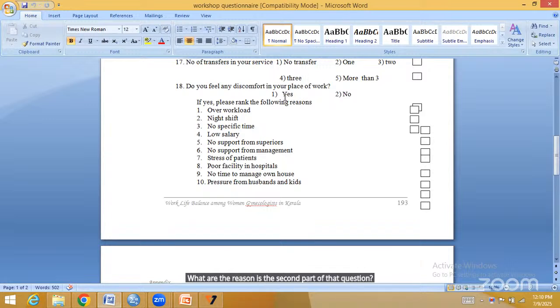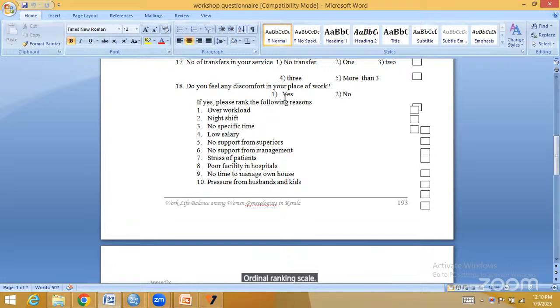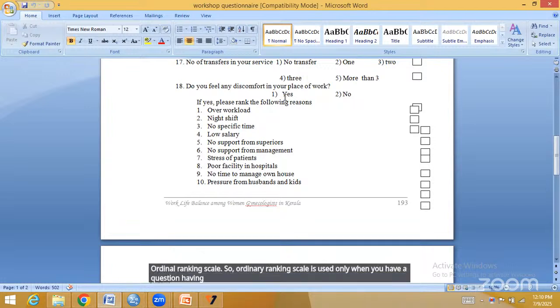If you have a question having multiple answers, definitely that must be ranked for getting the highest preference. Then the scale used is ordinal ranking scale. So ordinal ranking scale is used only when you have a question having multiple answers.